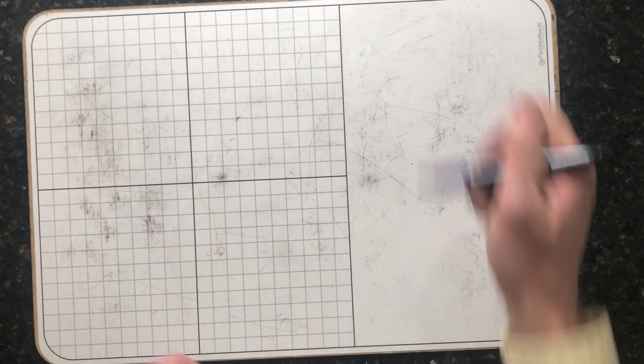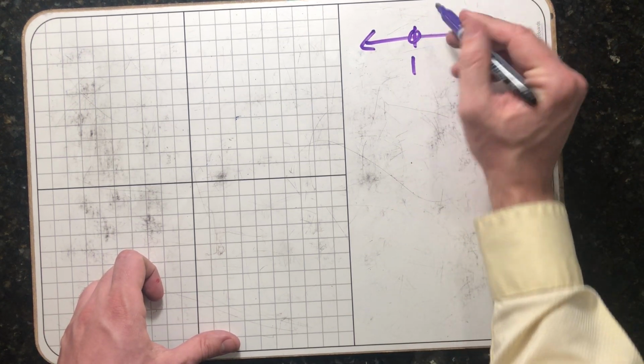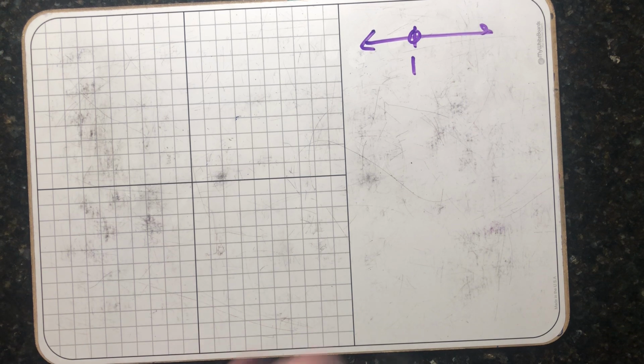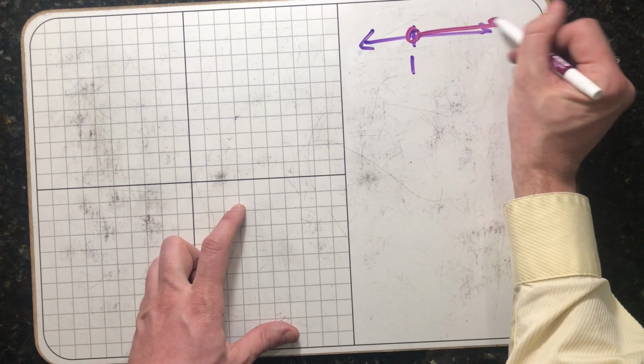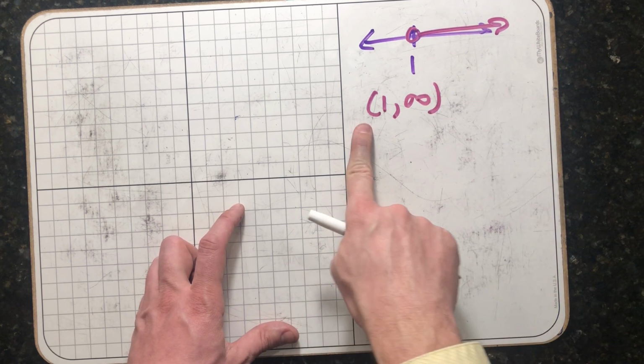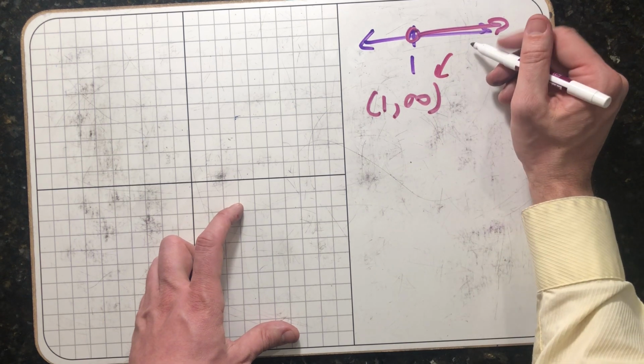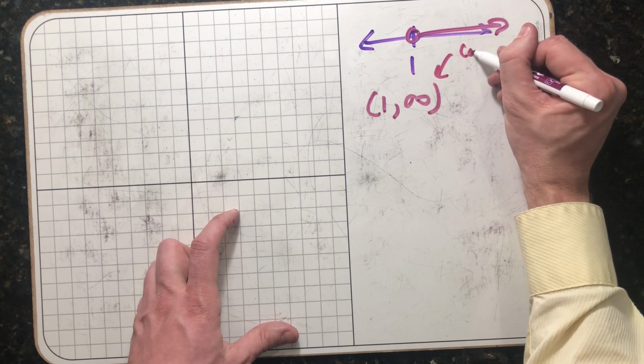While we're talking about intervals, let's talk about one more set of possibilities. Let's say I wanted to shade everything from 1 to infinity. That would be from 1 to infinity. I'm not including the 1, and I never include infinity. Infinities always get parentheses because you can't include infinity.